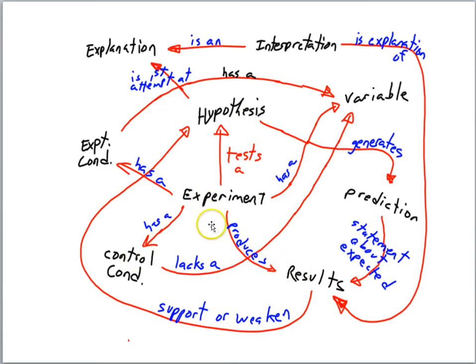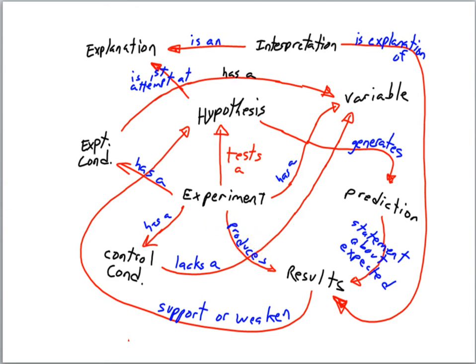Experiment has a control condition, it has a variable, it has an experimental condition, etc. So concept maps then are these webs of concepts, and they are linked in many different ways, and the idea is the more links that we can make between concepts, then we'll be able to retrieve that information better at later times, because we have more ways to activate concepts if we have it well integrated into our semantic memory.